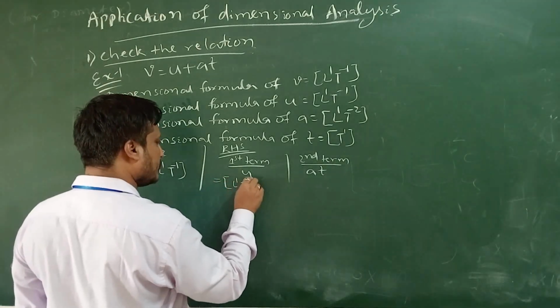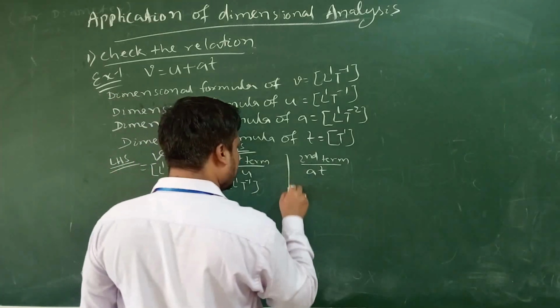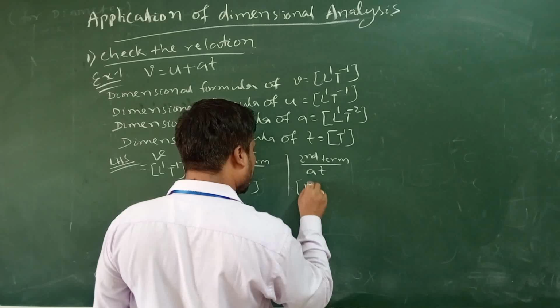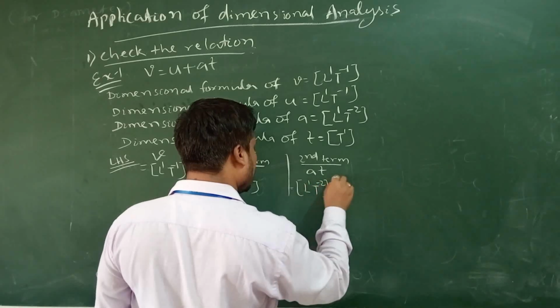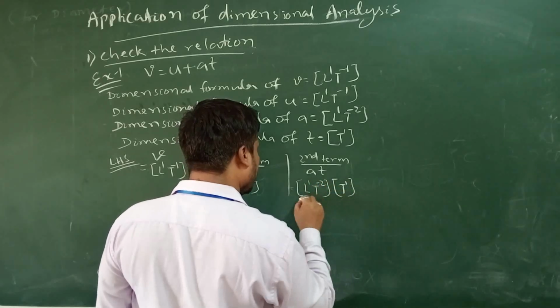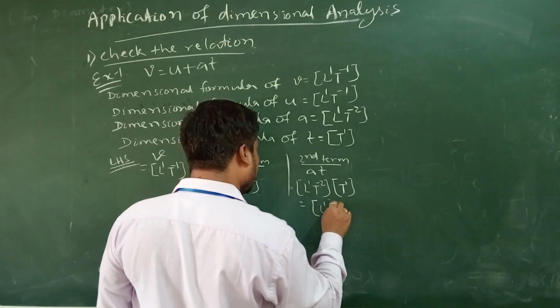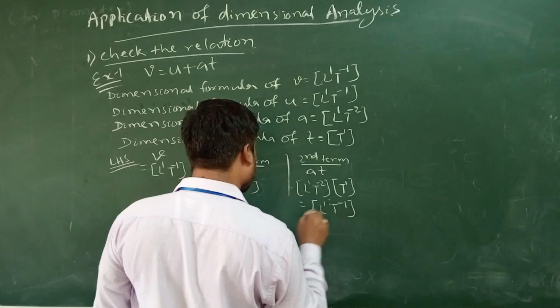L to the power 1 T to the power minus 1. The dimensional formula of second term A T equal to L to the power 1 T to the power minus 2 and T to the power 1. So we write L to the power 1 T to the power minus 1.